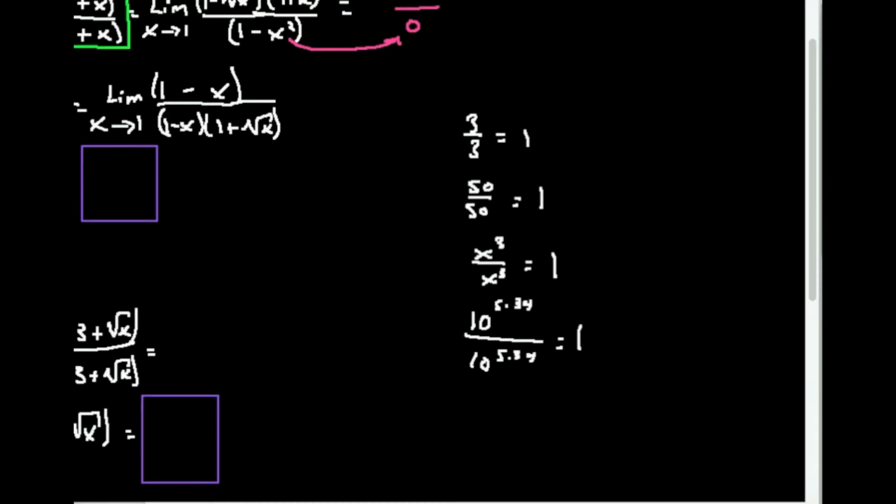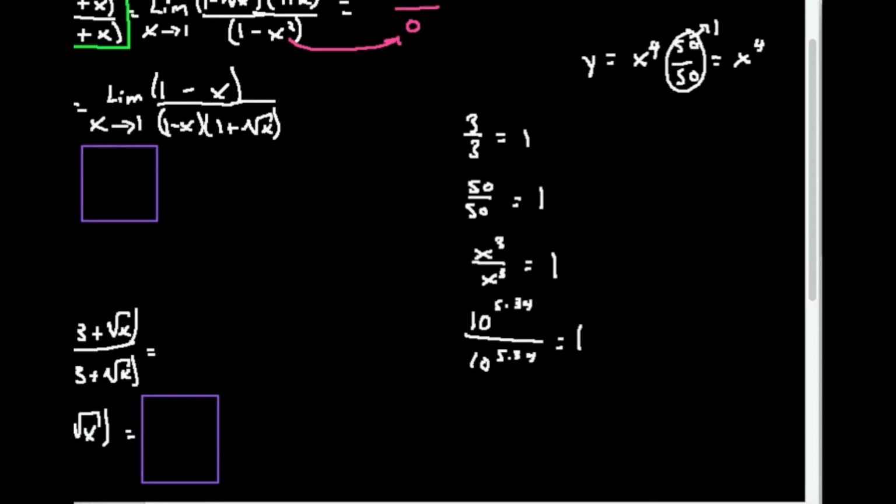Now let me ask you another question. Suppose I have a function, y is equal to x to the 4th. If I multiply by 50 divided by 50, what's this equal to? Well, 50 over 50 is just 1. What's x to the 4th times 1? It's just x to the 4th.